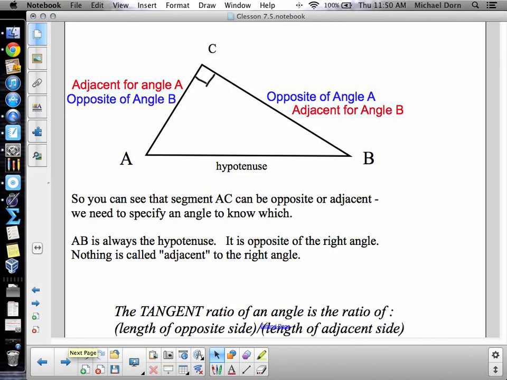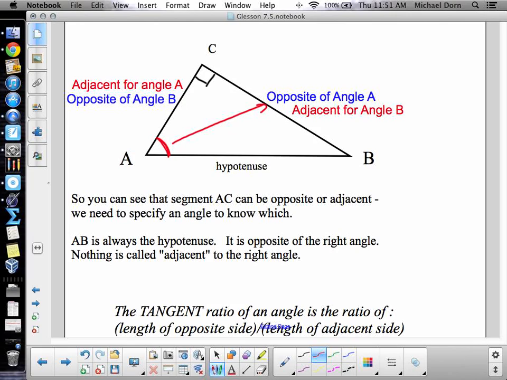So if this is my point of view, angle A, which we have in red here, then this side, CB, is the opposite, and this side, CA, is the adjacent. You're saying, well, wouldn't AB also be adjacent? Yeah, but AB is already the hypotenuse. It doesn't get two names.